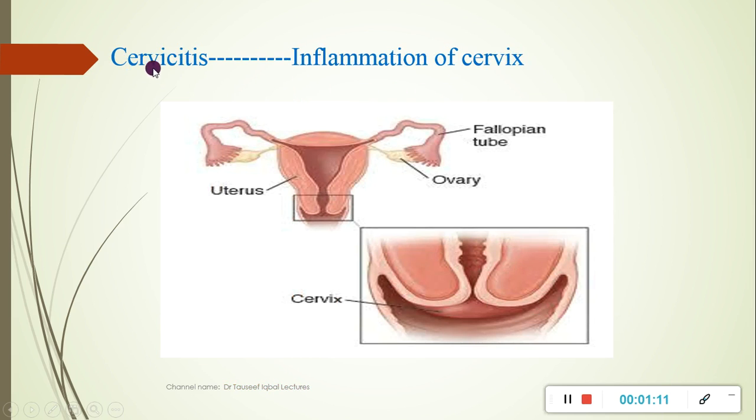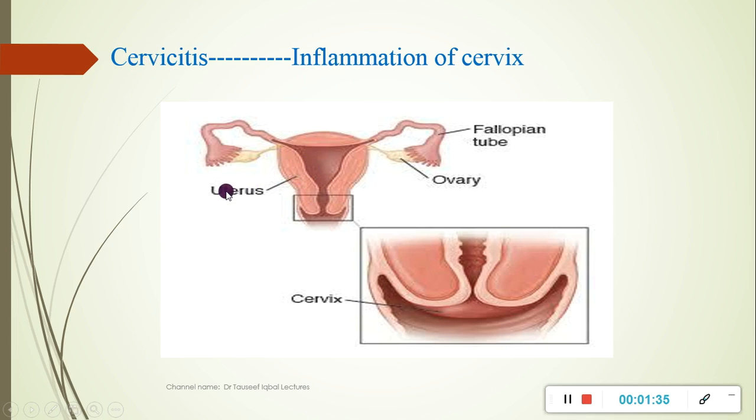Next is cervicitis. So if there is inflammation of cervix, basically cervix is a part of the human female reproductive system. So if there is inflammation due to any reason, that condition is called cervicitis.